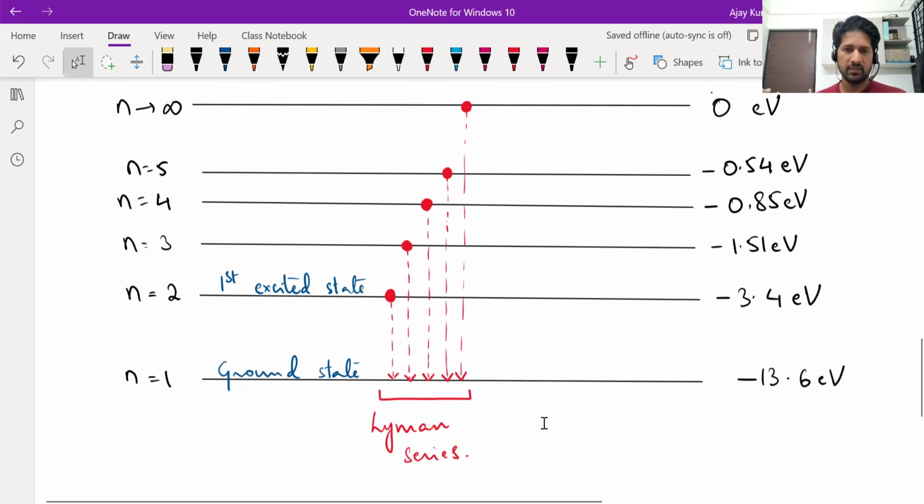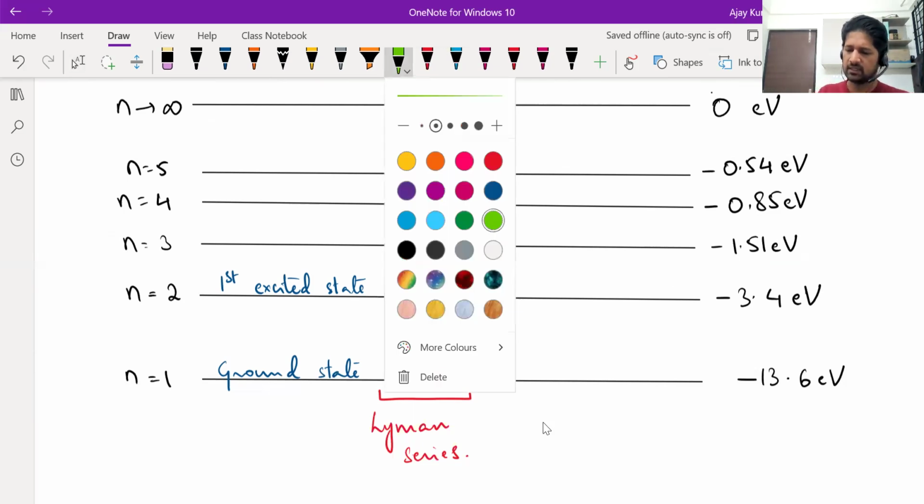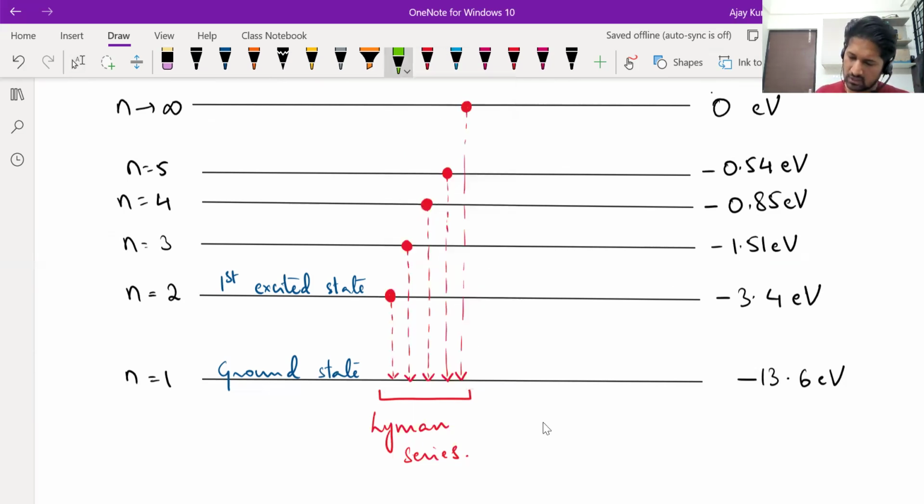The radiation emitted when an electron jumps from n equal to 2 to n equal to 1, this jump from 2 to 1 is the first jump, the most basic jump that can happen in the Lyman series. So this jump is called the first line of the Lyman series.